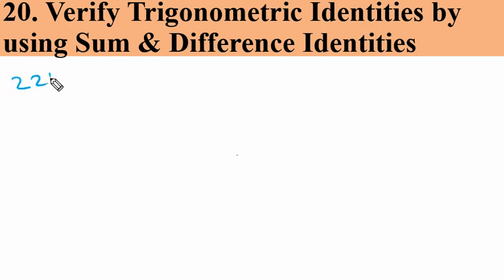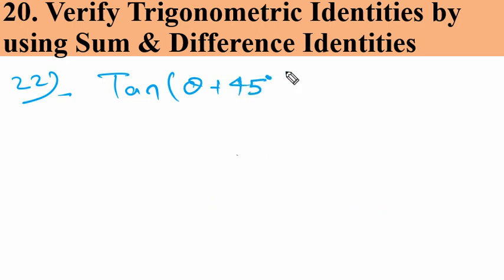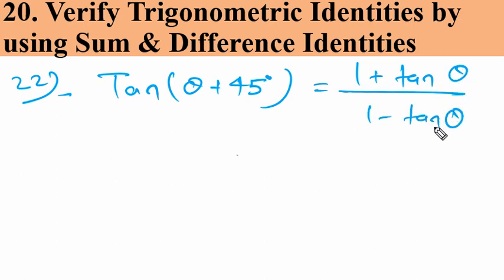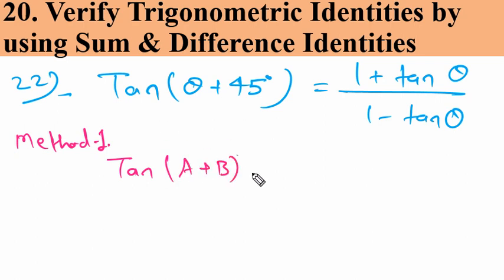And last question. Tan theta plus 45 degree is equal to 1 plus tan theta over 1 minus tan theta. So if you want to solve using the first method, method 1 says use the formula tan of A plus B is equal to tan A plus tan B. Sometimes I write capital T, sometimes a small t, so don't get confused.